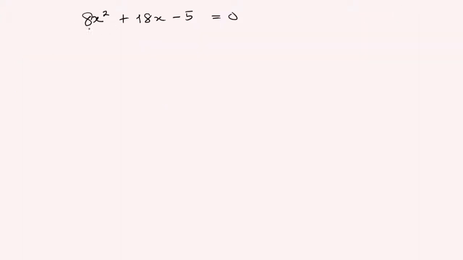So if we have 8x squared plus 18x minus 5, now 8 multiplied by 5 is equal to 40. So factors of 40 include 1, 2, 4, 5, 8, 10, 20, and 40.